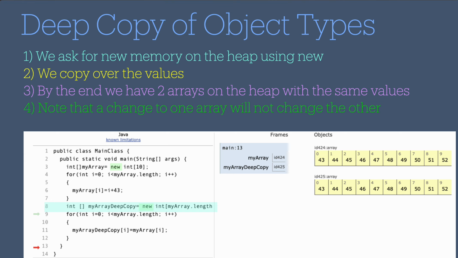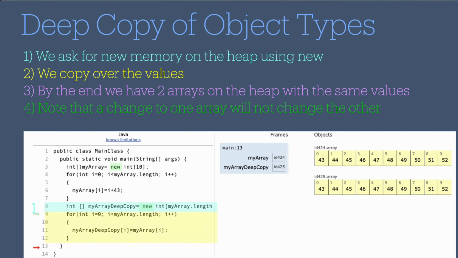I noticed it's cut off a little bit, but inside the array brackets we're just calling myArray.length, and then we close off the array brackets with the ending bracket there. Okay? And so what that does is that gives us an array on the heap that's the same size as myArray. Okay?